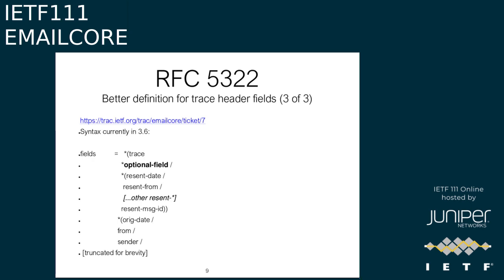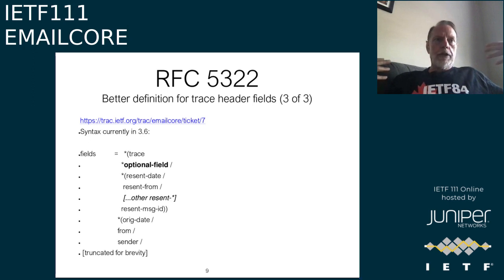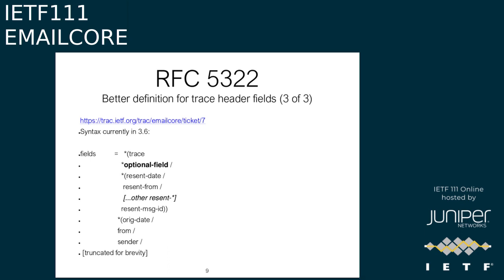Barry? My thought on the trace header fields in a particular group of trace header fields, like received, are ordered, but the intermixing of other fields or the order they appear in with respect to other fields is irrelevant. So yeah, this is fine. I personally tend to think that's okay as well.